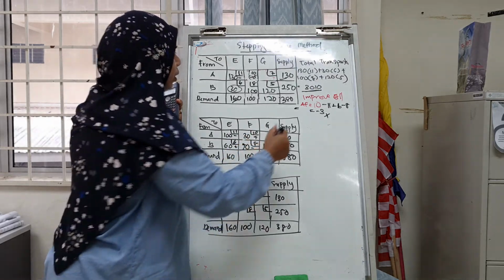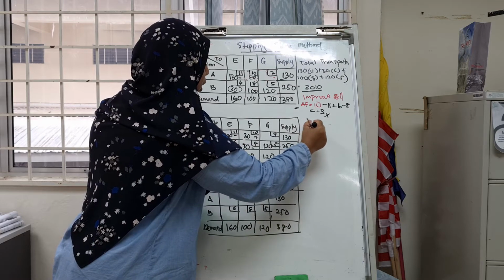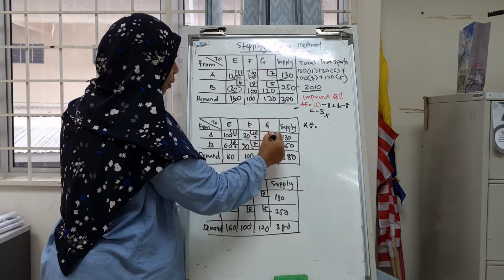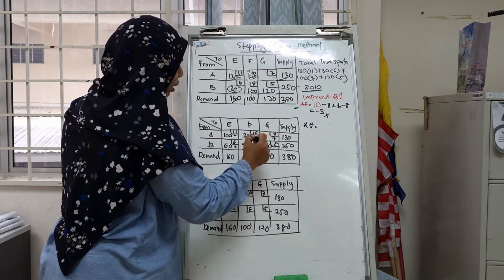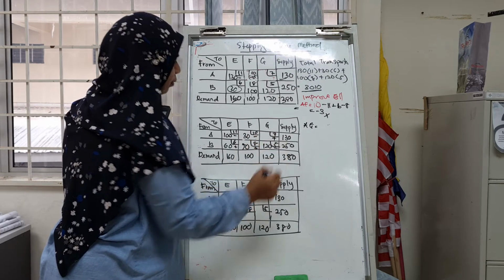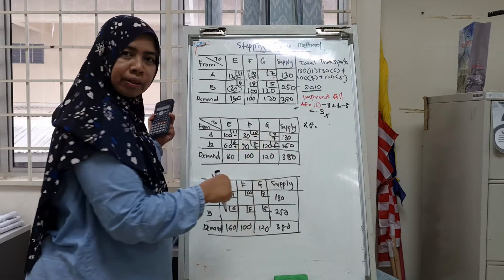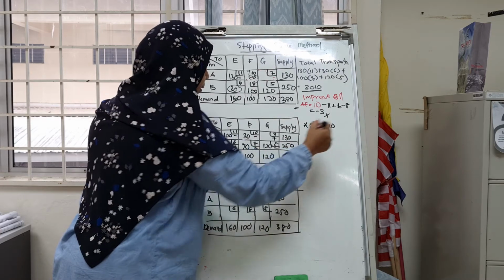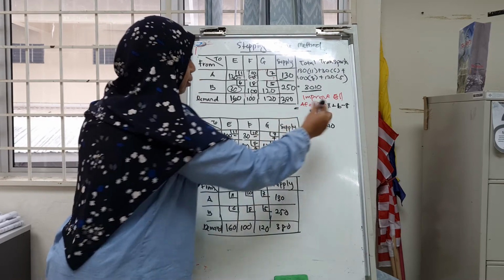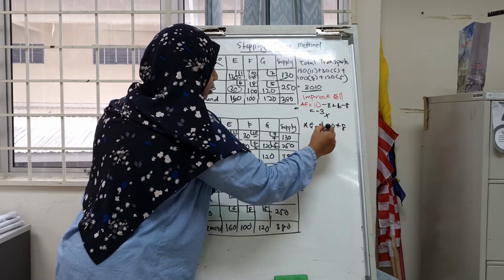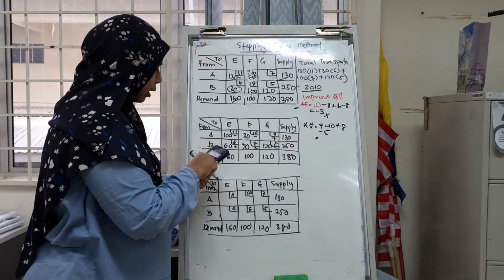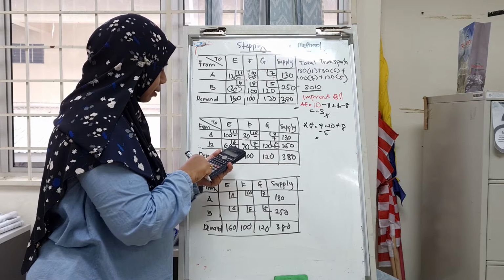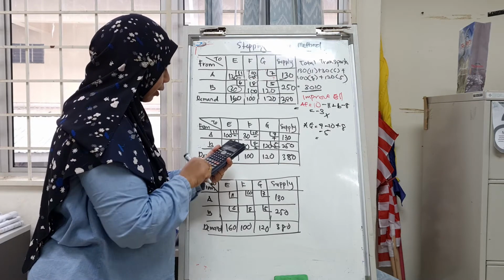Then we look at another cell, whether it needs improvement or not. So we check the second cell, which is AG. AG is 7, positive, negative, positive, negative. You can follow this way or that way, any way is okay. Positive 7, 7 minus 10 plus 8 minus 5.